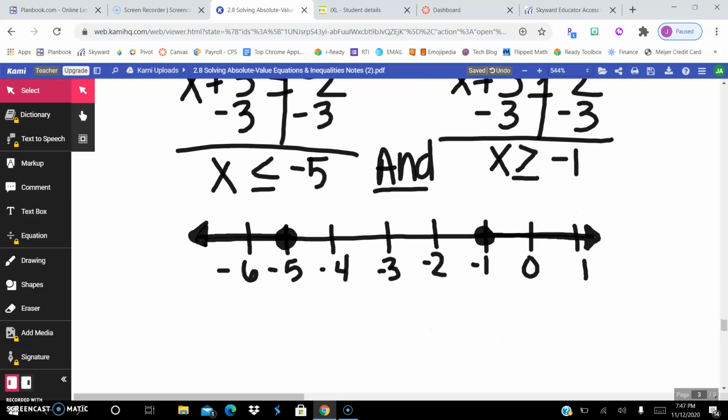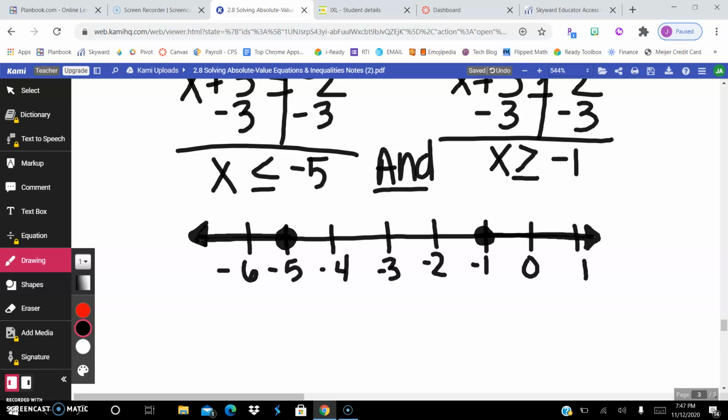And an and has to have an overlap. So our answers are where they overlap. And this particular graph doesn't overlap. So there's no numbers that work for both inequalities. So this is no solution. So there's nothing in the set. So if there's nothing in our set, then we would draw a circle with a line through it to show that our set is empty and that there's no solutions to this.